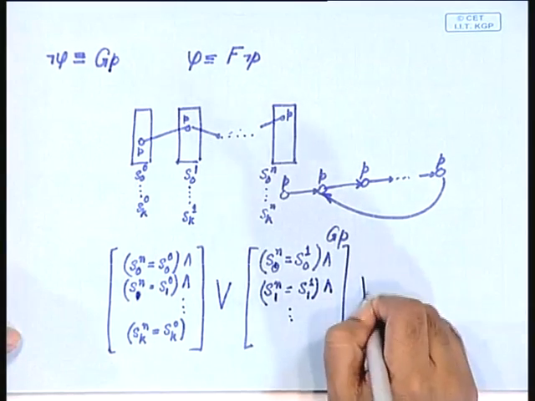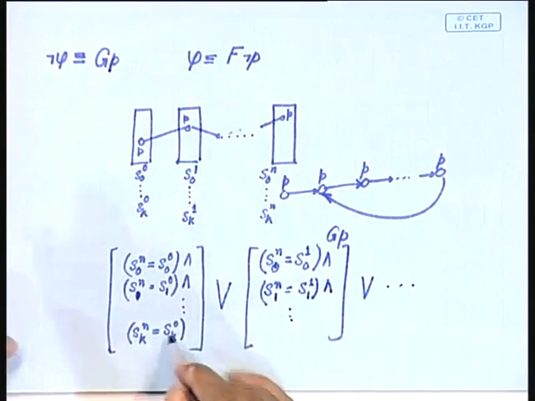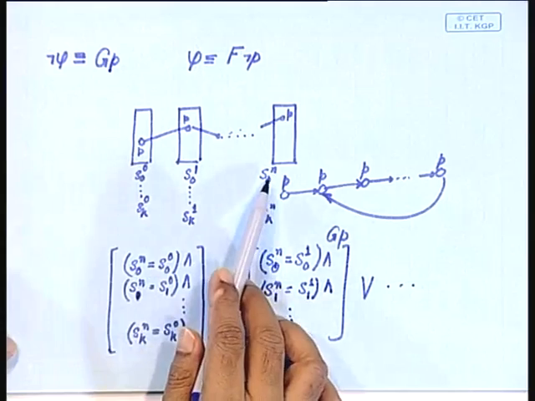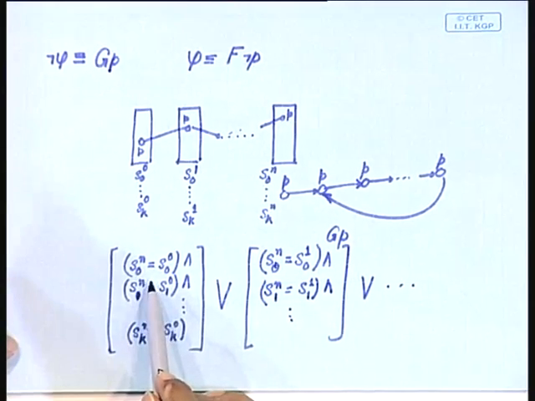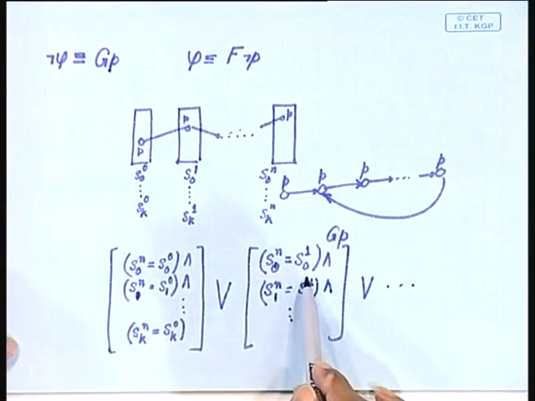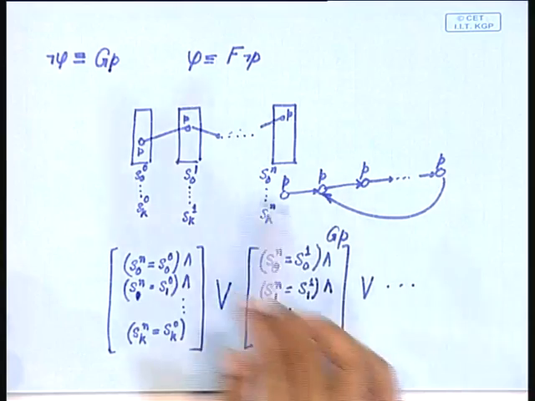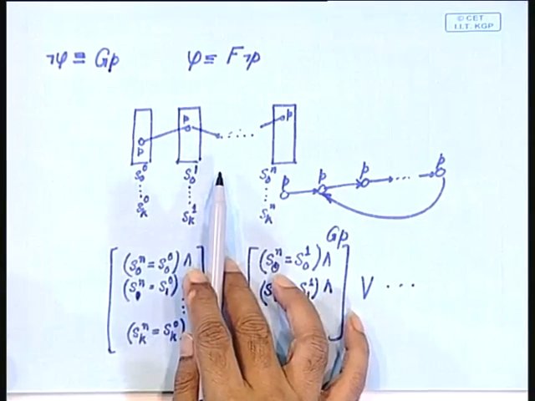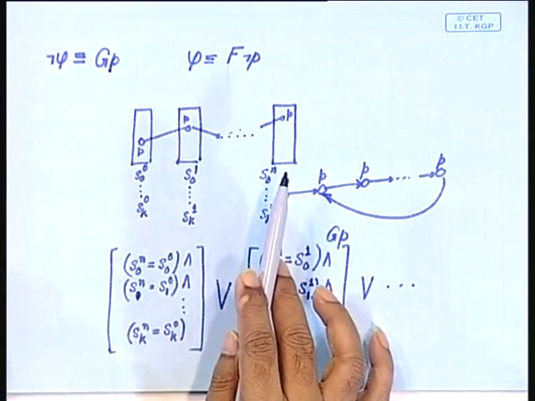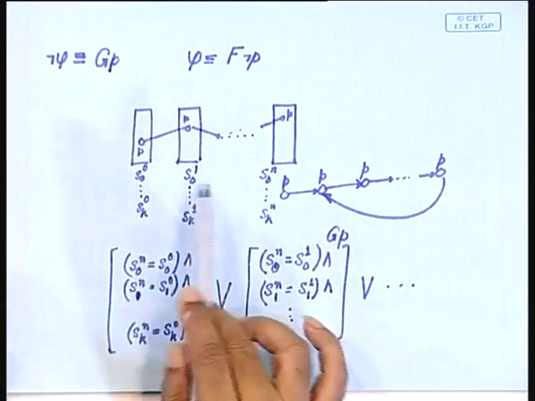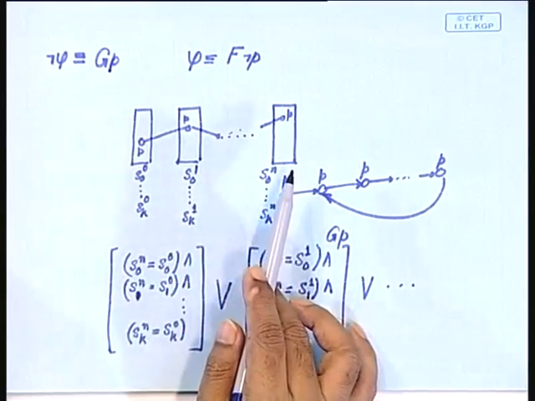And then or, so this is trying to see whether Sn is equal to S0, this is trying to see whether Sn is equal to S1, then the next clause will try to see whether Sn is equal to S2 and so on. So, you are trying to see whether this last state is actually equal to any of the other states.